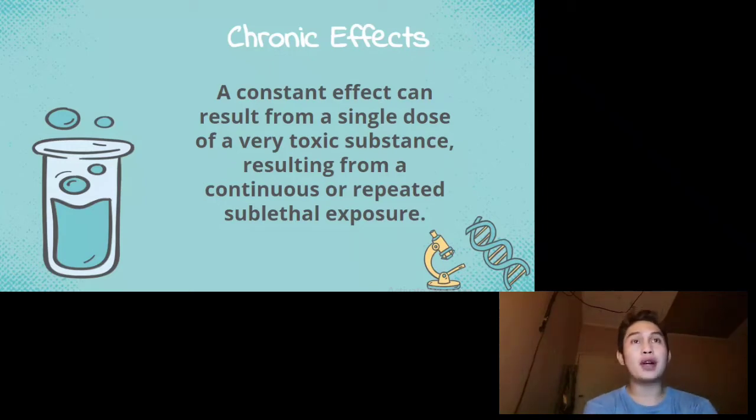So let's have, for example, tobacco or a cigarette. A single cigarette is unlikely to have a toxic effect on someone, but smoking numerous cigarettes over the course of an entire lifetime will result in the development of toxicity over a longer period. This can lead to lung cancer and other respiratory diseases.